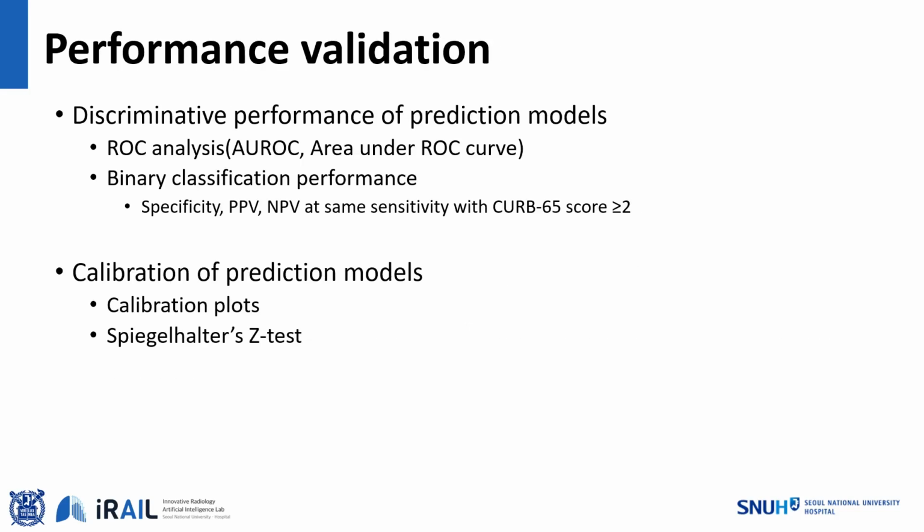The verification of the algorithm was compared through ROC analysis for the performance of the deep learning model and CURB65. Using the results from the internal validation, we determined the operating threshold and calculated sensitivity, specificity, PPV, and NPV.